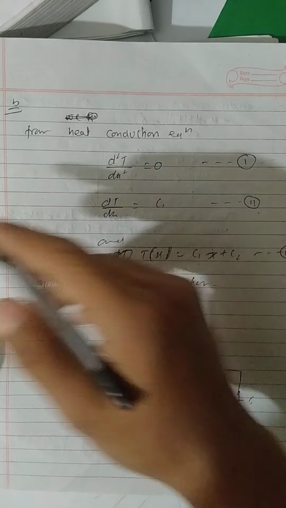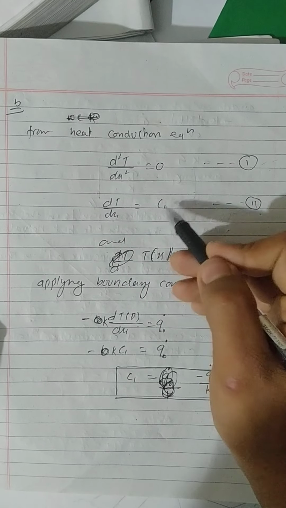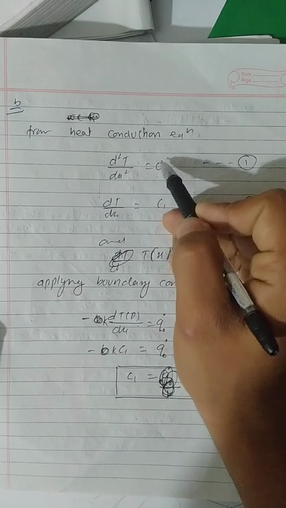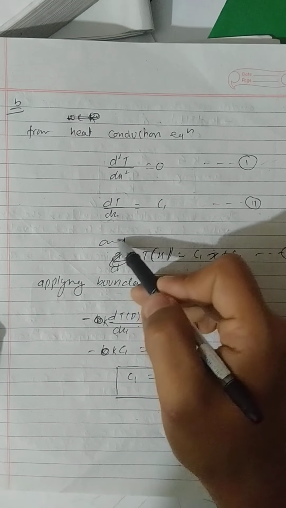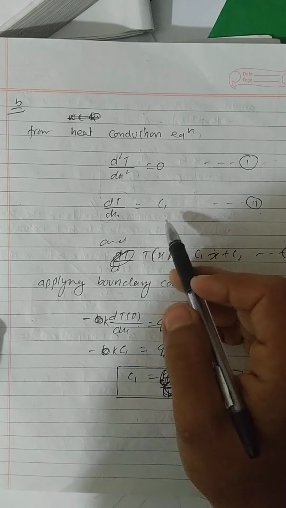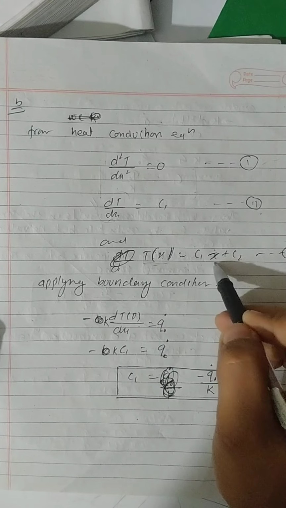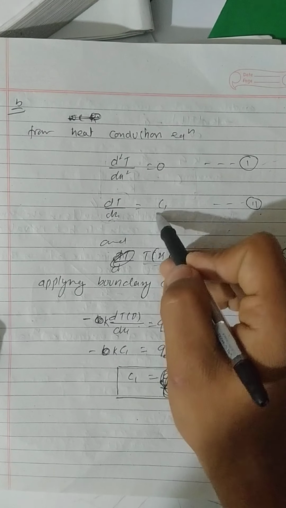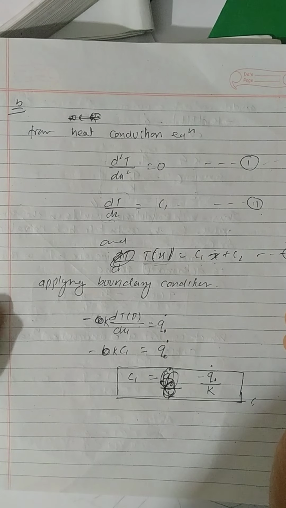If you integrate again, that is the temperature gradient, this value will be c1, and integrating again with respect to x, we will get T(x) equals c1x plus c2. This is equation number 3.